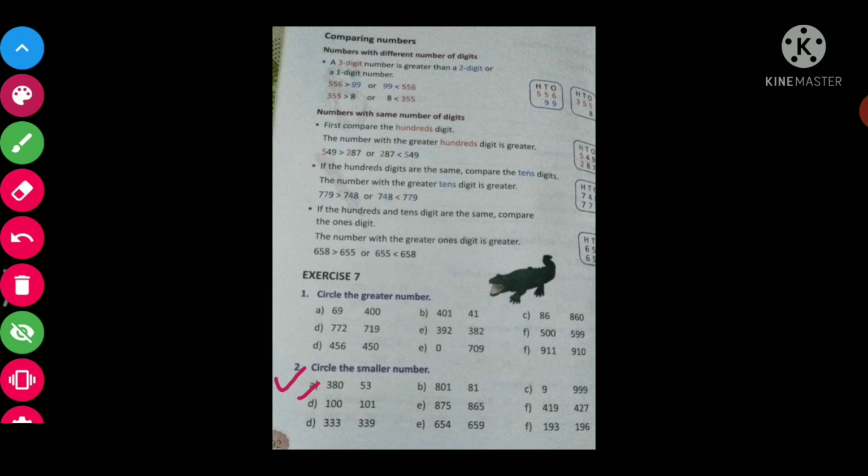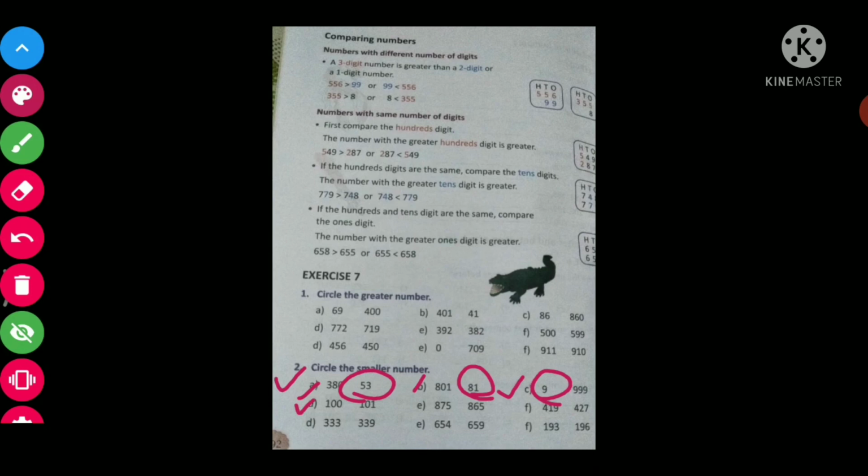Yes, so here 2 digits is smaller than 3 digits. Here in B part also 2 digits is smaller than 3 digits. Here in C part also 1 digit is smaller than 3 digits, right?